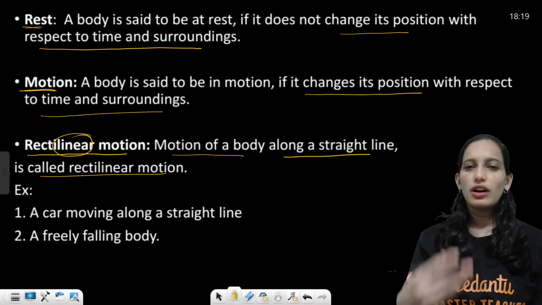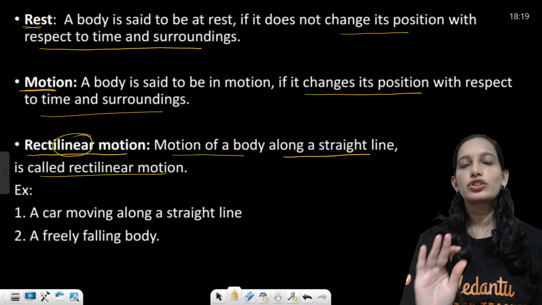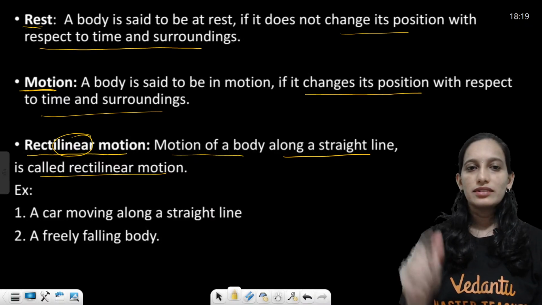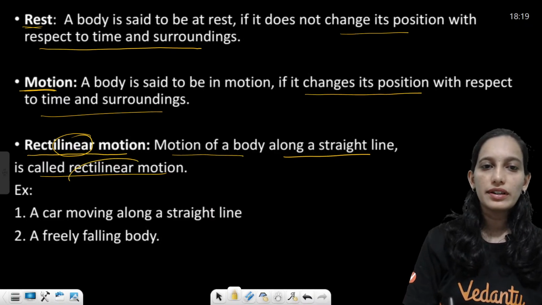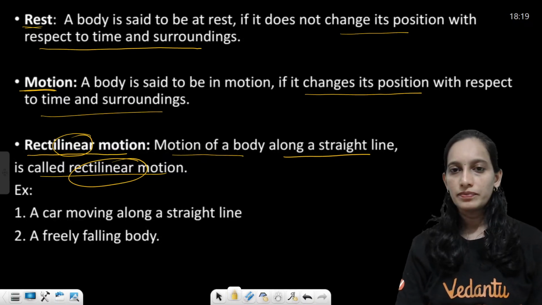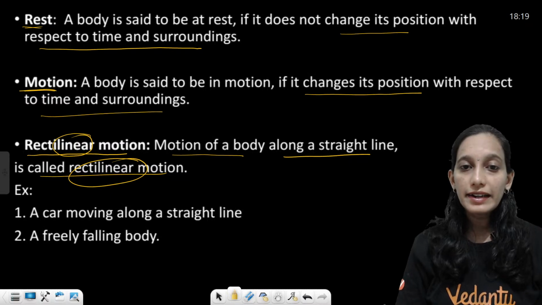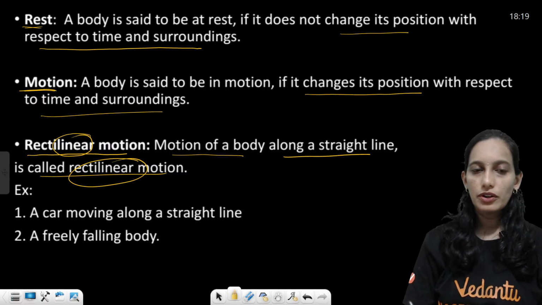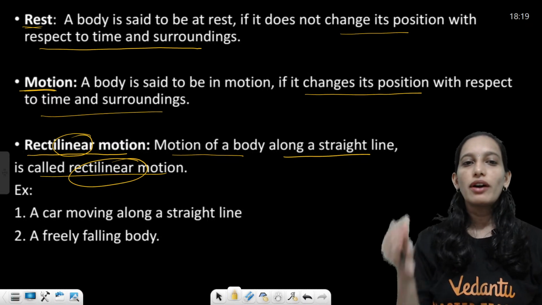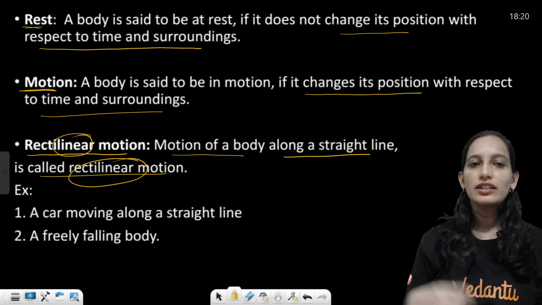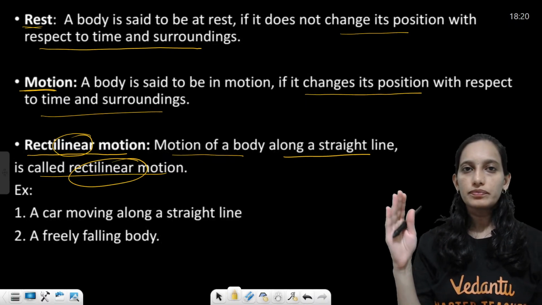So our interest in this chapter is motion along a straight line. Usually adanna rectilinear motion anta karitivi. Motion of a body along a straight line, we call it rectilinear motion. This is one more new word, so you have to add it to your vocabulary.